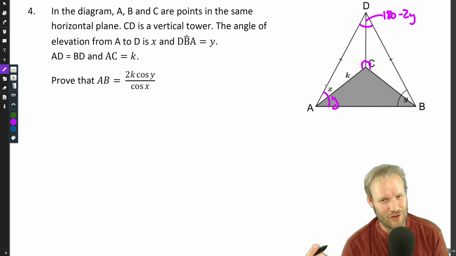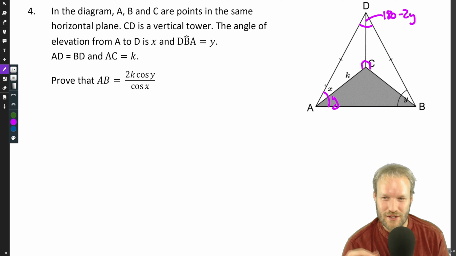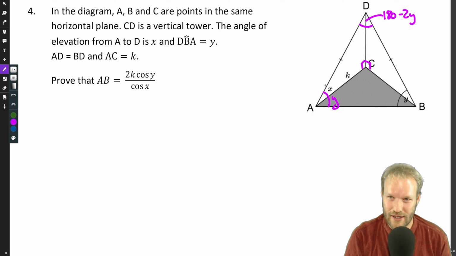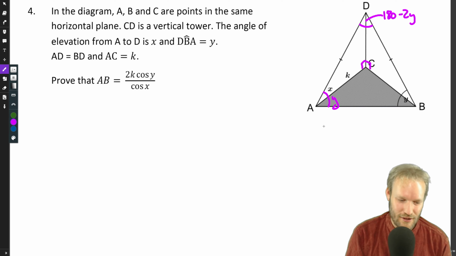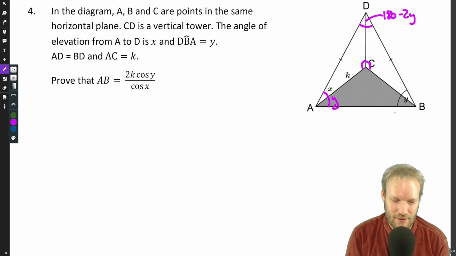Right, so the question is where to start. Let's start in the triangle that we know the most information, and that's going to get us into a second triangle. So in our first one, DAB, we could use the sine rule. We've got AB, we've got AD, and DB.